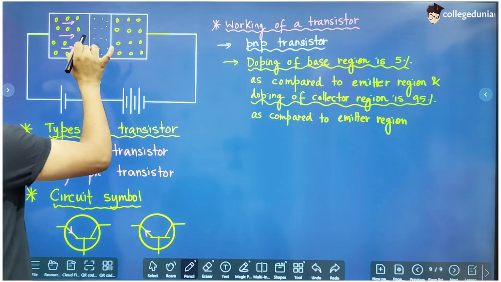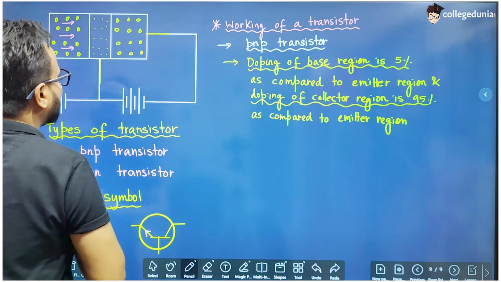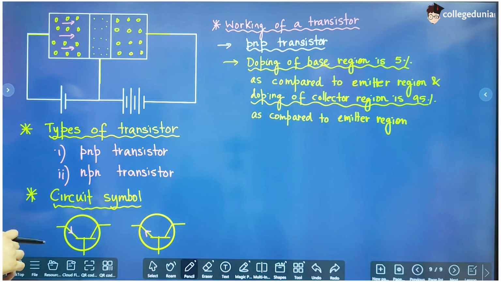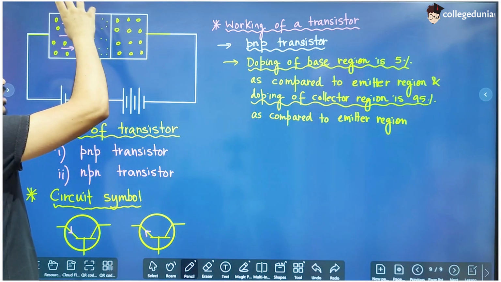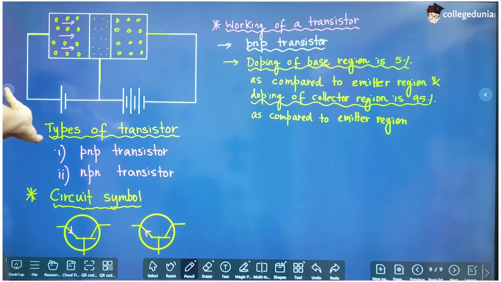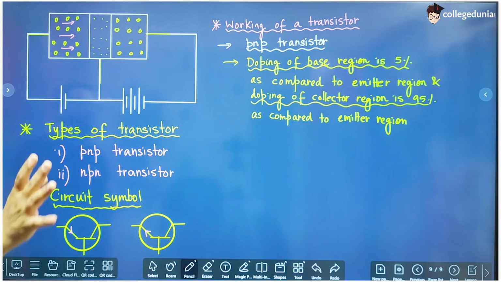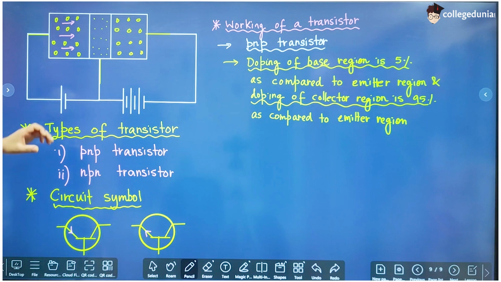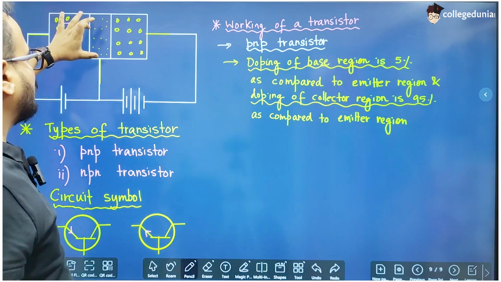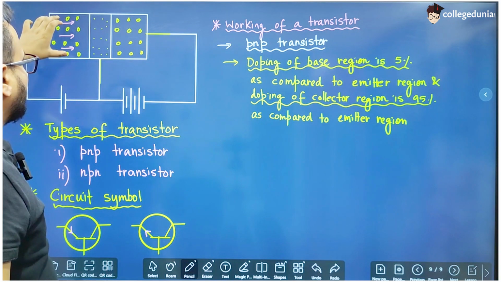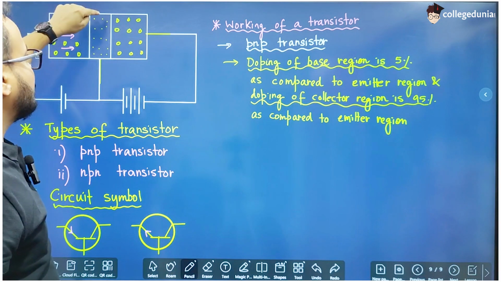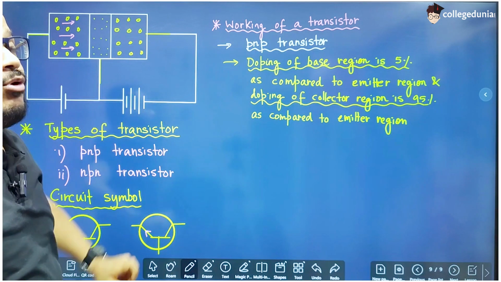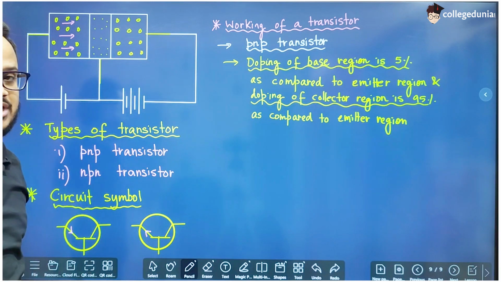Now when the 5 holes from this region combine with the 5 electrons in the n-type base region, what happens? Initially all these semiconductors were neutral, right? But when the 5 electrons combine with the 5 holes from the emitter, this region will become slightly positively charged, because now it is losing electrons.